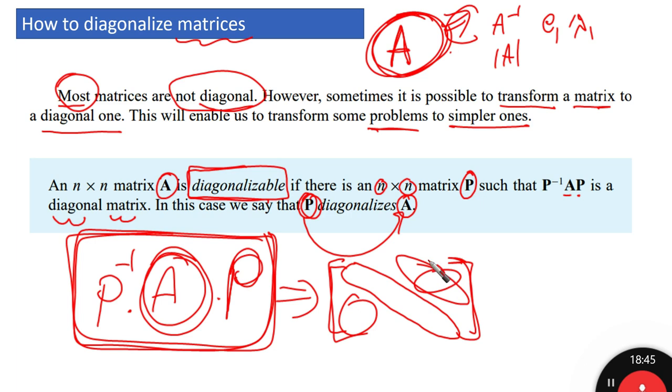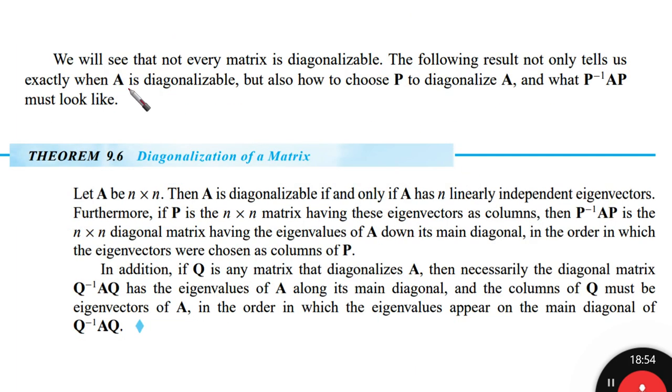If it is going to be a diagonal matrix, then A is able to be diagonalized, okay, otherwise no. We will see that not every matrix is diagonalizable, and the following result not only tells us exactly when A is diagonalizable, but also how to choose P to diagonalize A, and what P minus 1 A P must look like. We are going to tell this in the theorem.